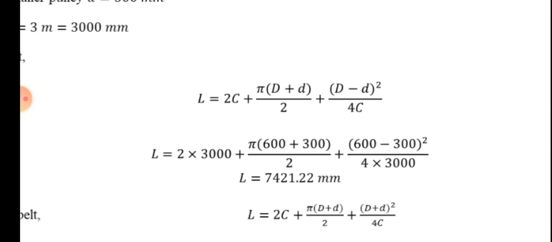So you will get the length as around 7421.22 millimeter. That means around 7.4 meter.